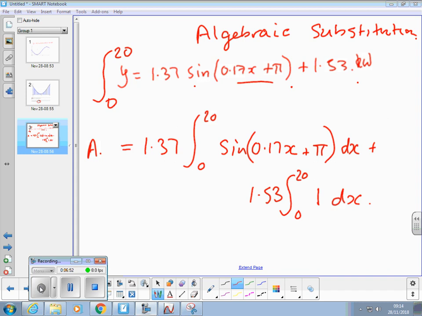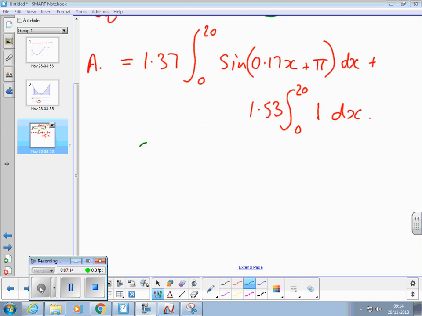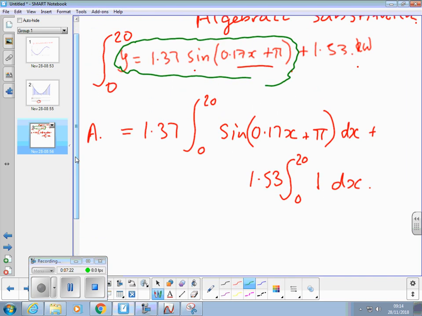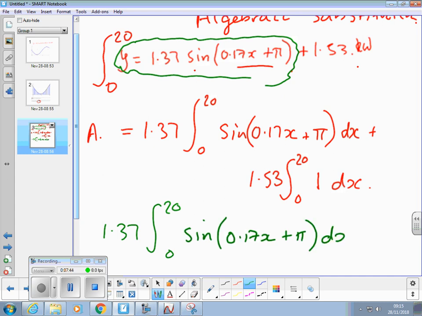What we're going to do now is solve this bit: 1.37 times the integral between 0 and 20 of sine(0.17x plus pi) dx.